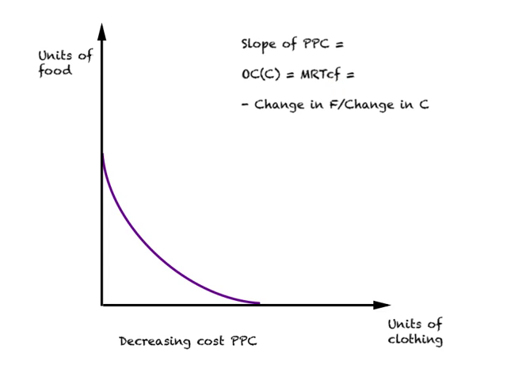And in terms of what we have on the vertical axis and the horizontal axis, this will simply be minus change in food divided by change in clothing. And so when you go down this curve in an absolute sense, the value of slope must decline.